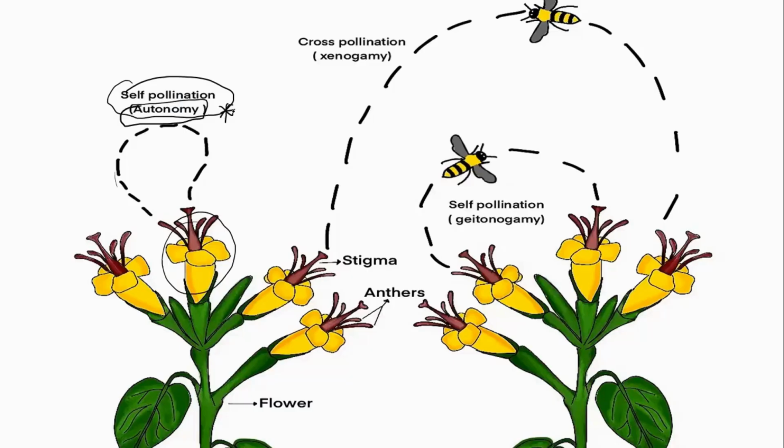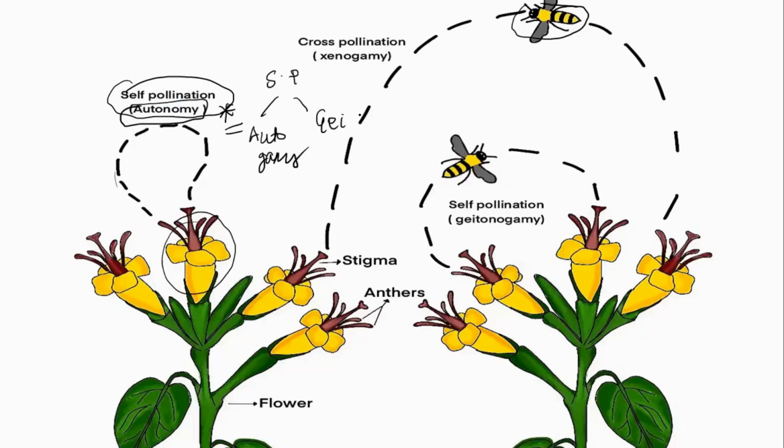Now here an insect is pollinating this plant. So this is cross-pollination. Now there is another form of self-pollination. Self-pollination has two forms. It could be autogamy or it could be geitonogamy.